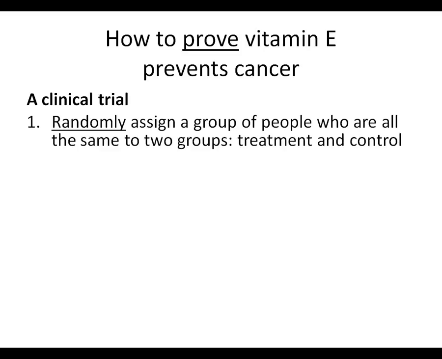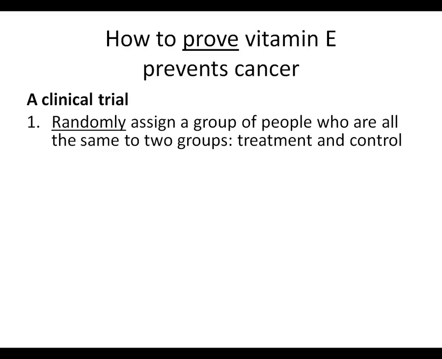It's very important that it's the experimenter who picks who goes where, and that you don't allow people to choose which group they're going to go into, because their choices could be what causes the outcome, not the actual treatment or control.